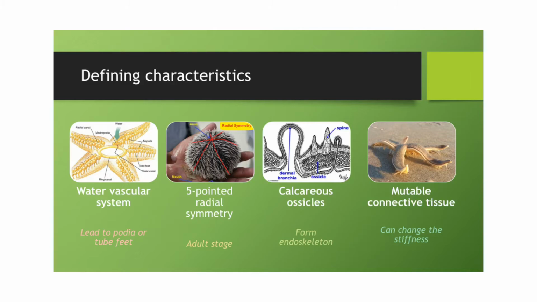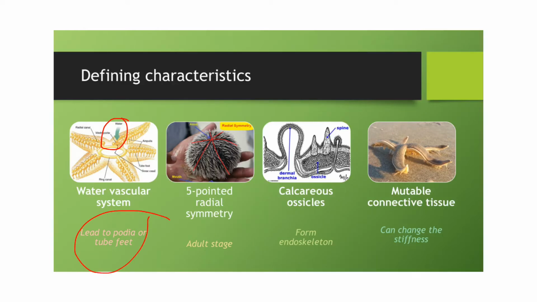These are some of the defining characteristics of Echinodermata. First, the water vascular system. This vascular system starts from the madreporoid on the top of the echinoderm's body and goes inside their body and eventually to the podia, or the tube feet.